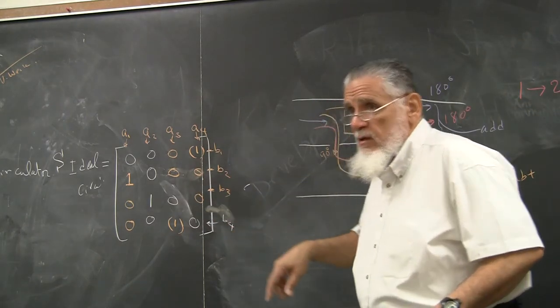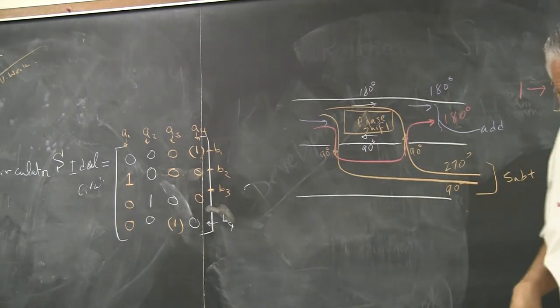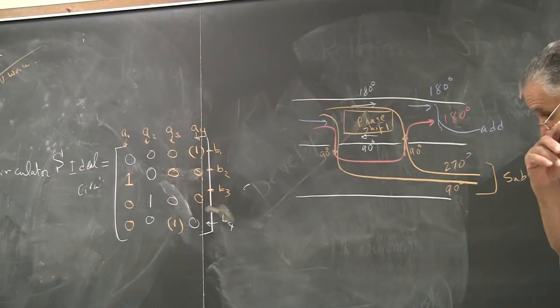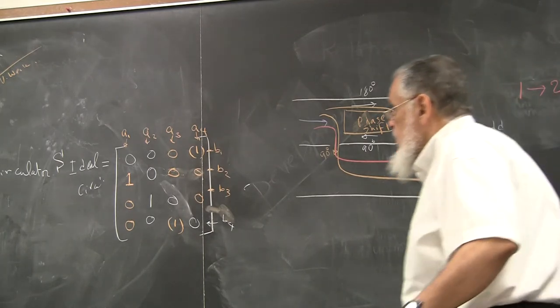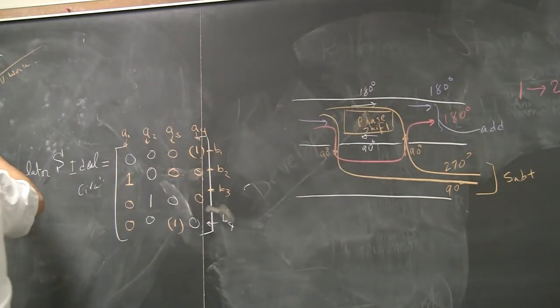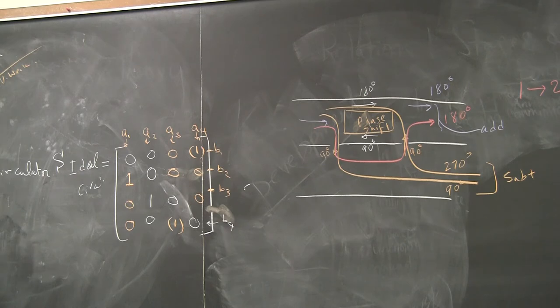Like I said, there are several other possible designs for circulators, but they all are designed to make the signal from a port go to the next port, and that's the end of that. So signal coming from 1 goes to 2, signal coming from 2 goes to 3, signal coming from 3 goes to 4, signal coming from 4 goes to 1.